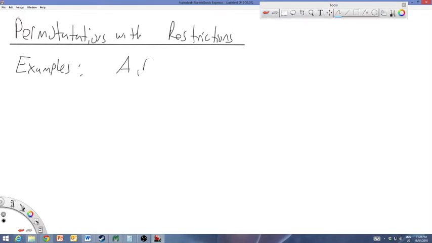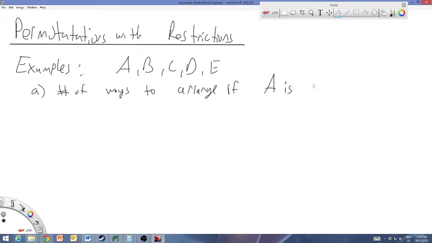So A, B, C, D, and E. Number of ways to arrange, if, let's say, A is first and E last. Okay. So these are my restrictions.